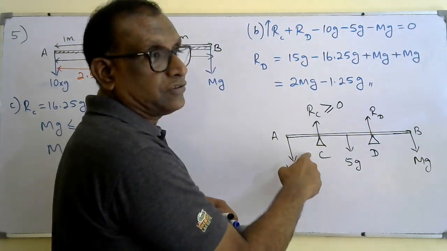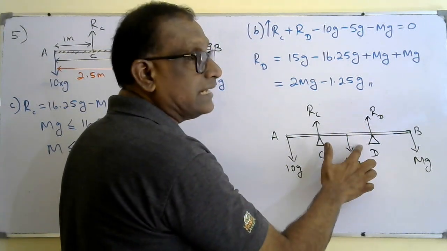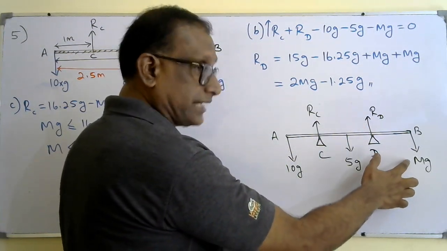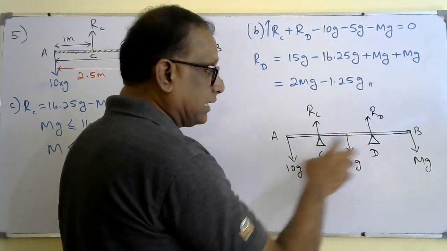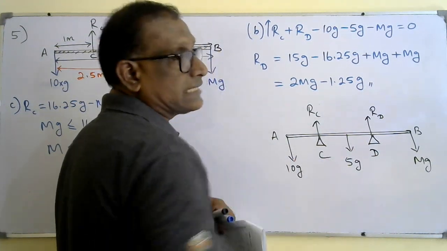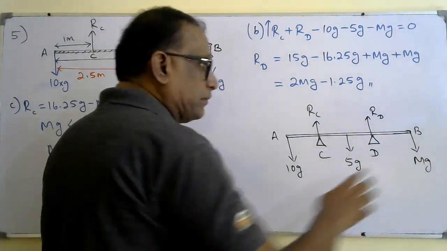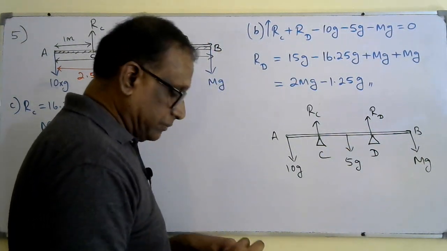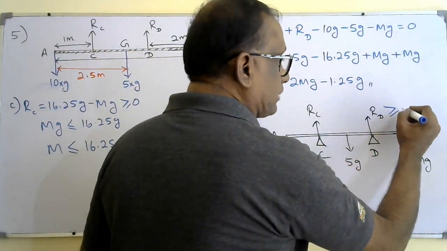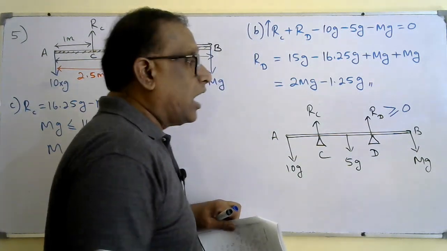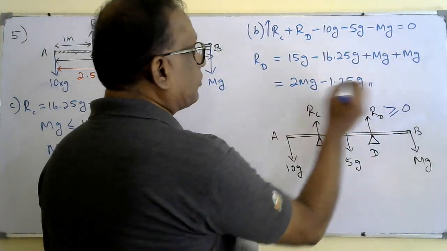It will be in contact with C and it will lose contact with D. But if I want to keep it in equilibrium, what could be the minimum force mg? I should keep D in contact again, meaning it should have a real positive value. RD must be greater than or equal to 0. So RD, we found it here.